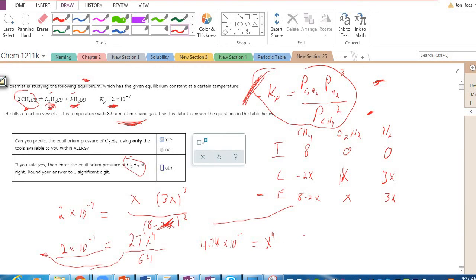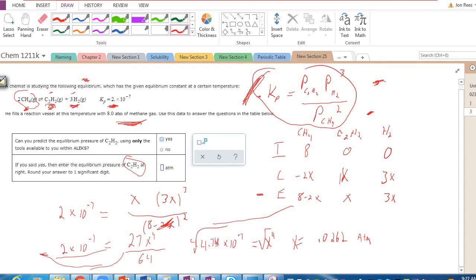I can put that into my calculator quite simply. Taking the 4th root, x equals 0.0262 atmospheres.